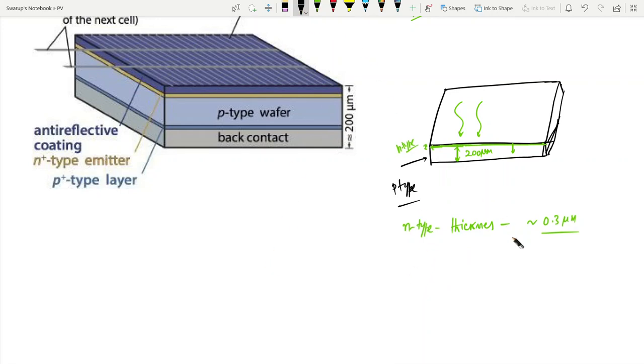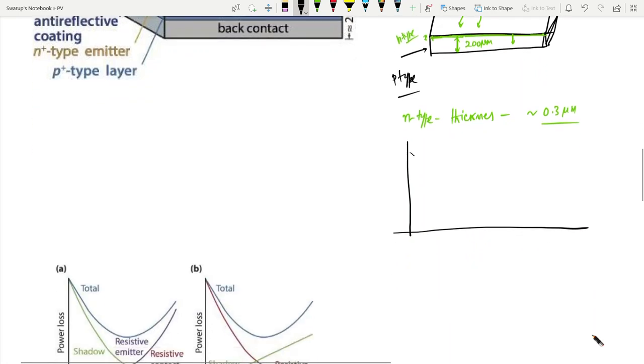If you see the generation rate, generation rate means EHP generation rate, which has the unit of per unit volume per unit second.